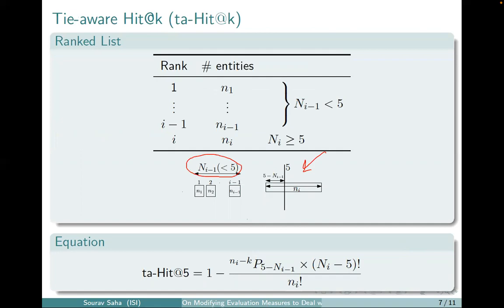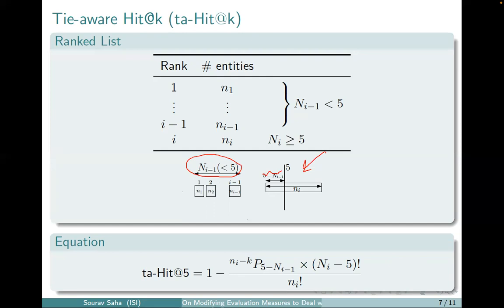In the traditional definition of hit at 5, if your correct entity is present within the top 5 of the ranked list, you reward it as 1, otherwise 0. Here we try to find the probability that at least one correct answer is present. That is 1 minus the probability that all positions are occupied with wrong ones. How can that happen?